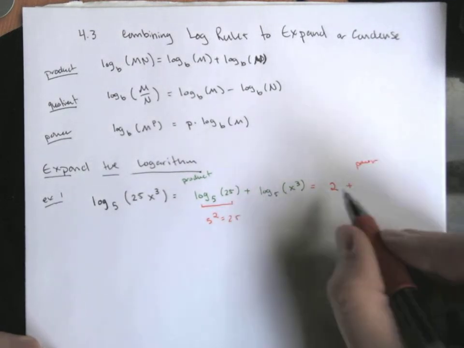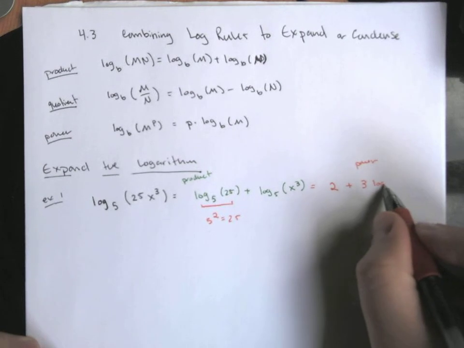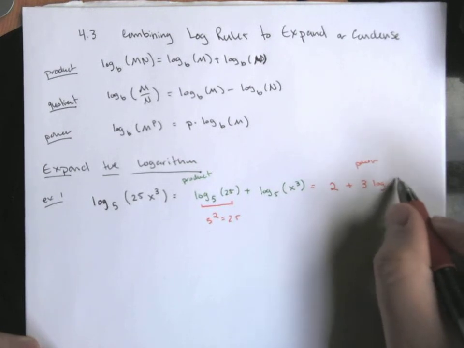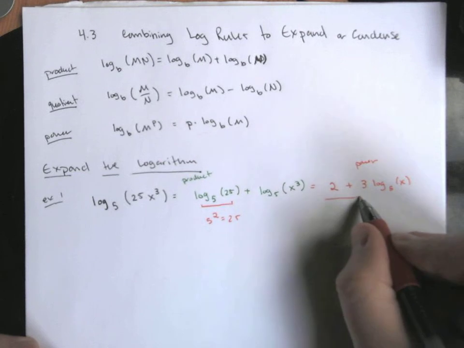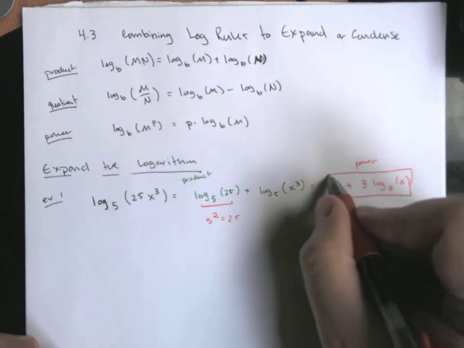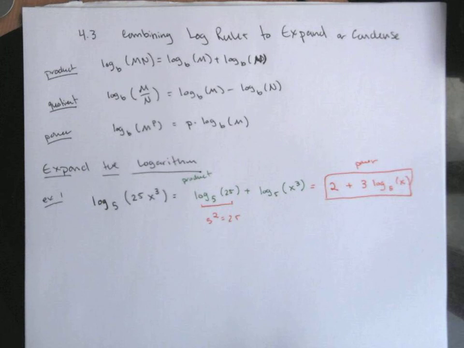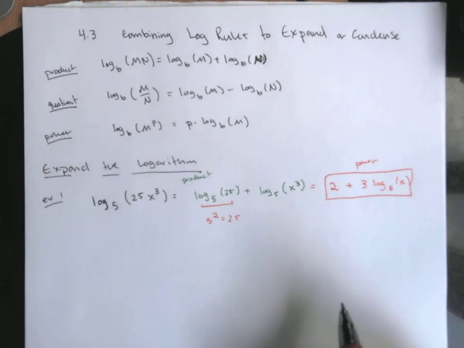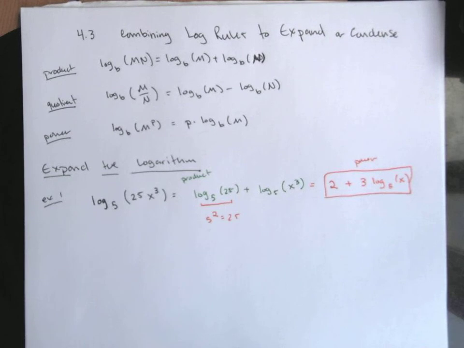The 3 comes down in front, so it's 3 times log base 5 of x, that's just the x that's left over. That's as far as that will simplify, and that's pretty good. So we'll leave that there, and that's where we end that particular example.